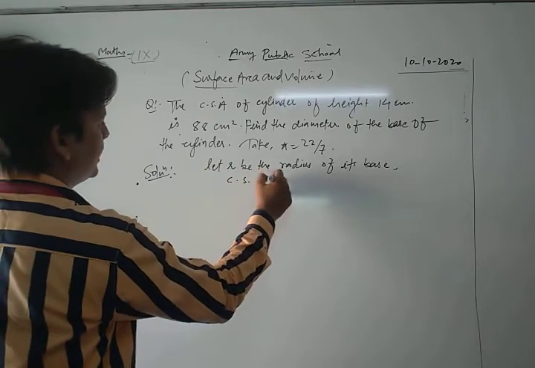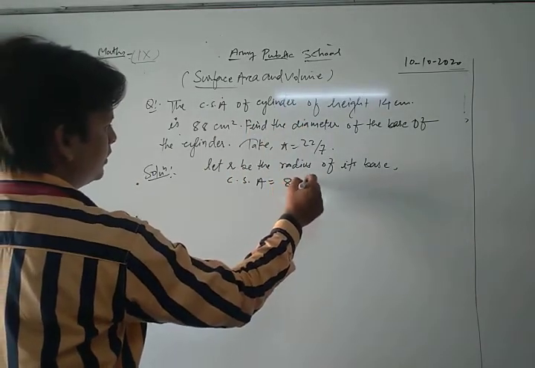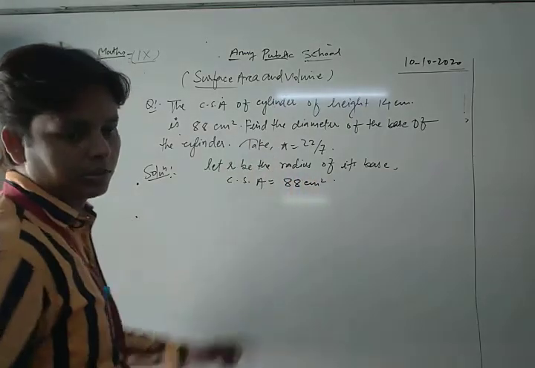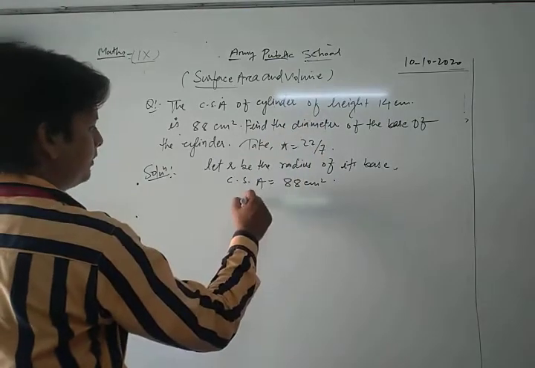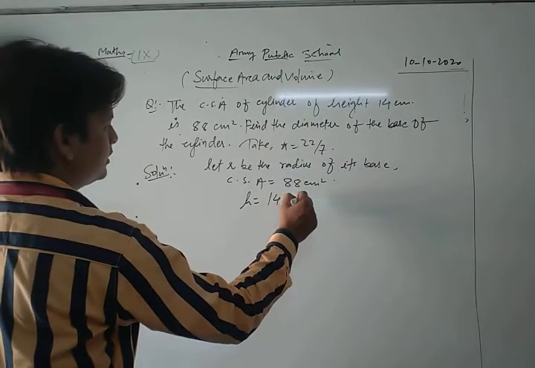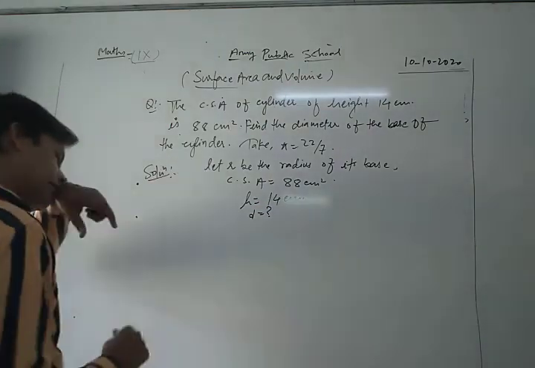Here curved surface area is given as 88 centimeter square, and height is given as 14 centimeter. We find the diameter of the cylinder.